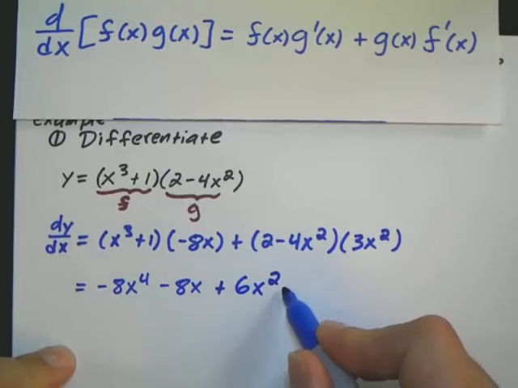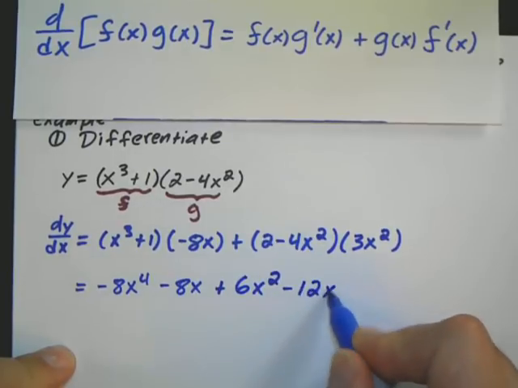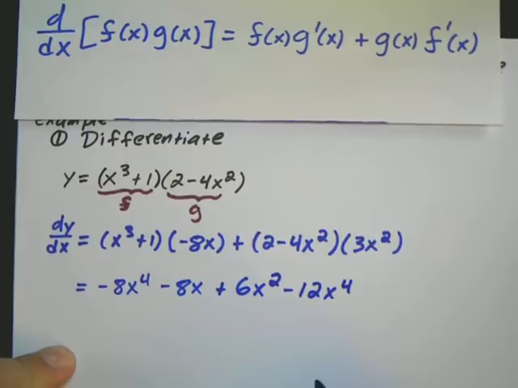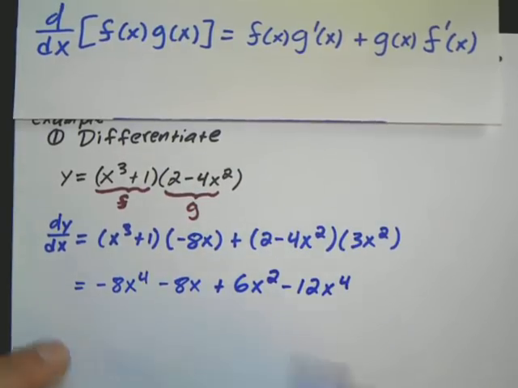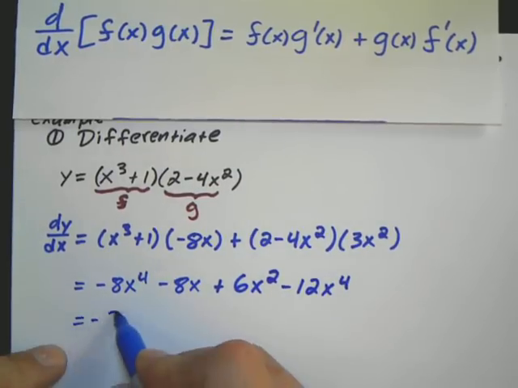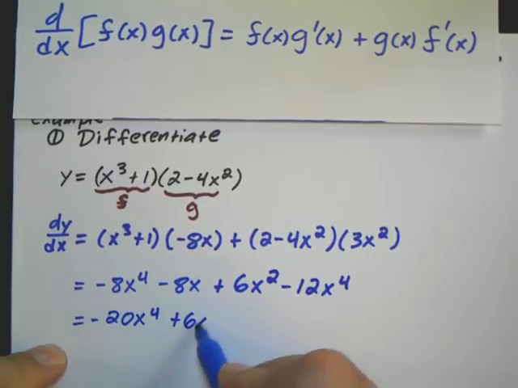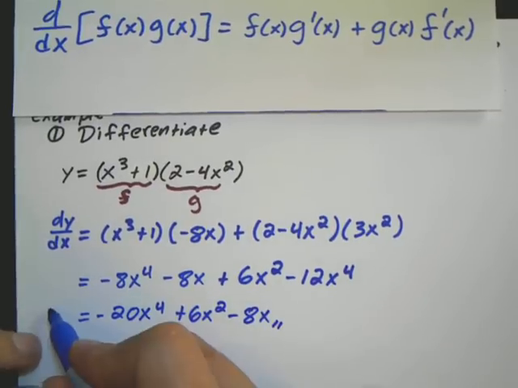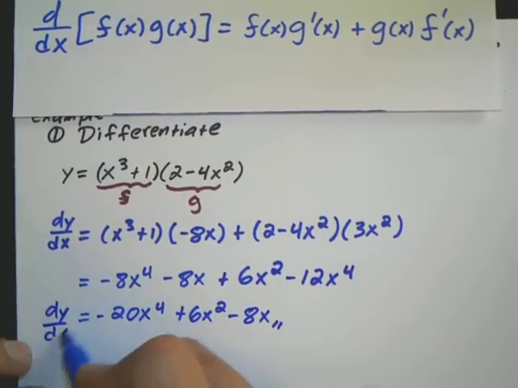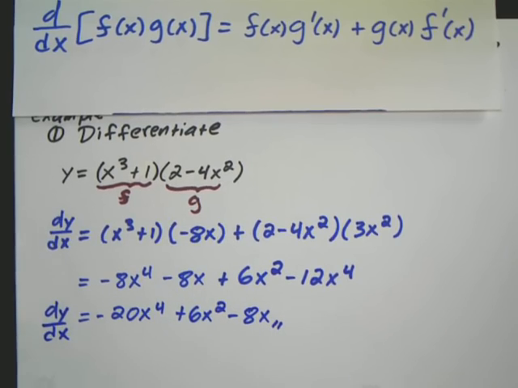And this is going to be minus 12x to the fourth. And then the last thing is to combine like terms. I have like terms on these two. So it's going to be negative 20x to the fourth plus 6x squared minus 8x. And that's your derivative. So dy/dx is equal to that.